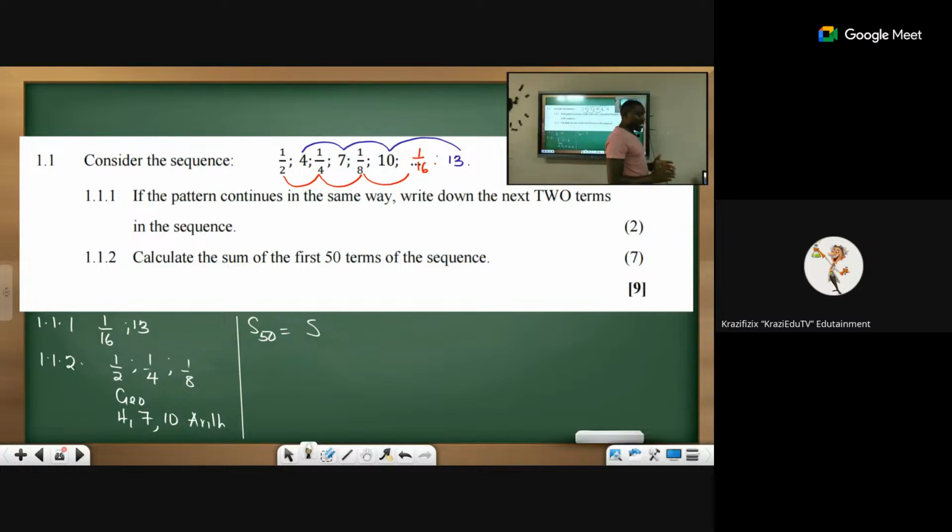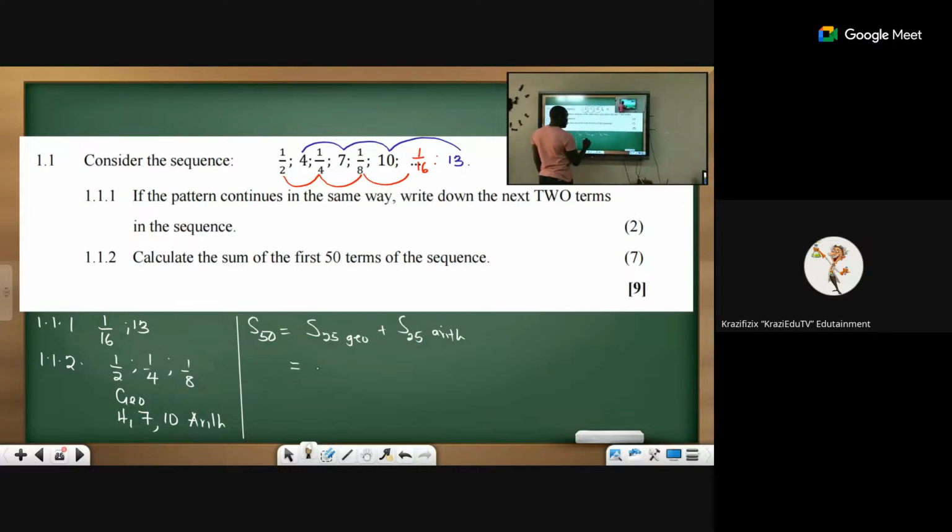You need to be careful with this one. And each forms a pair. It means we have 25 geometric plus 25 arithmetic. I don't know if that makes sense. 25 geometric and 25 arithmetic. That gives me my total because they are 2 different.